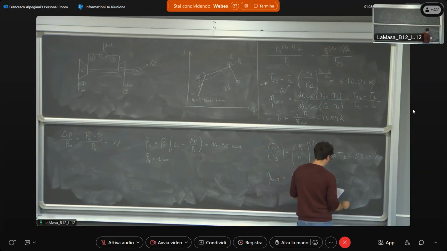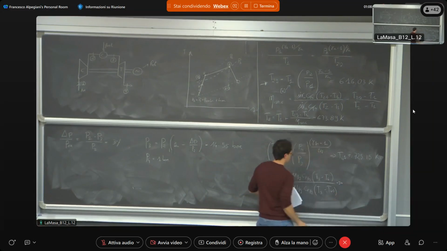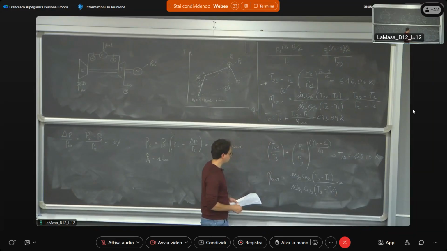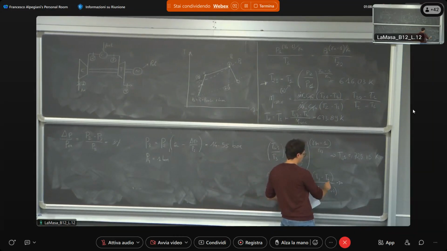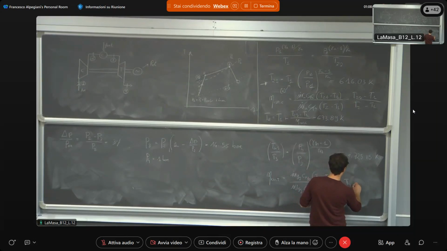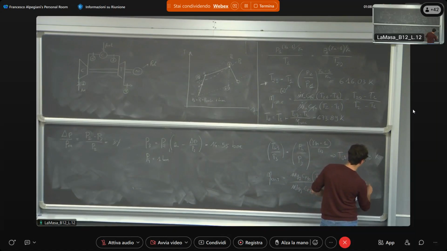And in this case, from here we have everything. The only unknown is T4, and from here we can evaluate T4, which comes equal to 785 Kelvin.